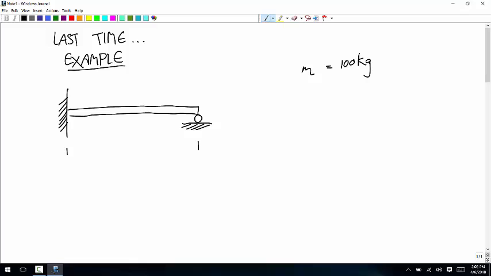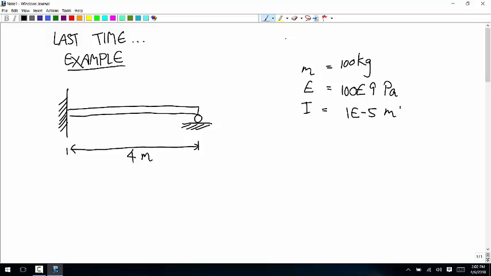The length is 4 meters. Young's modulus is 100 times 10 to the 9 pascals, and the geometry is such that the area moment of inertia is 1 times 10 to the minus 5th meters to the 4th. And we want to calculate the reactions.